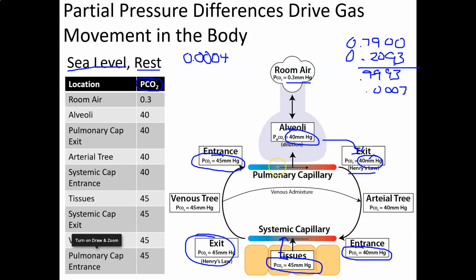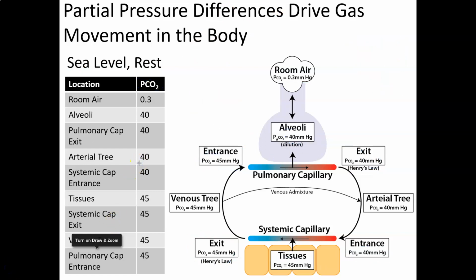So when it's 45 in the blood and 40 in the alveoli, the CO2 diffuses from the pulmonary capillaries into the alveoli, and then through active ventilation it goes out of the alveoli and into the room air, sometimes known as the ambient air. So that's the partial pressure differences that drive gases at sea level and rest for CO2.